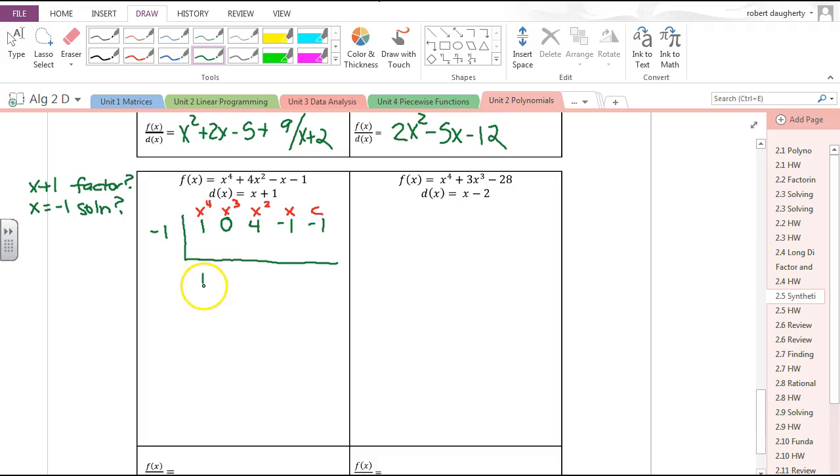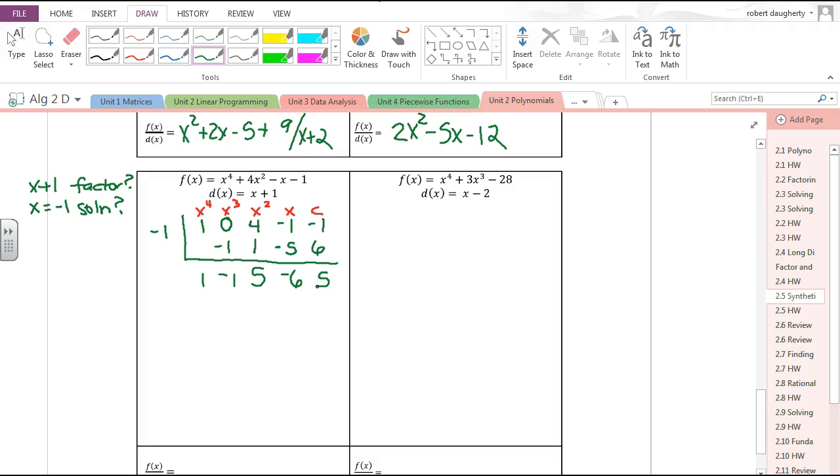So if I bring the 1 down, 1 times negative 1 is negative 1. 0 plus negative 1 is negative 1. Negative 1 times negative 1 is 1. Add that to 4 and get 5. Negative 1 times 5 is negative 5. Add that to get negative 6. Negative 1 times negative 6 is 6. And I get a 5.